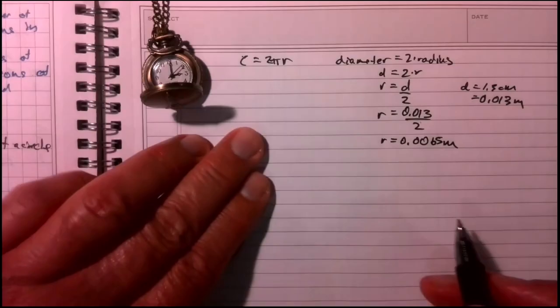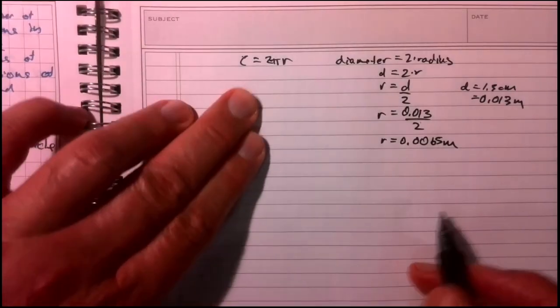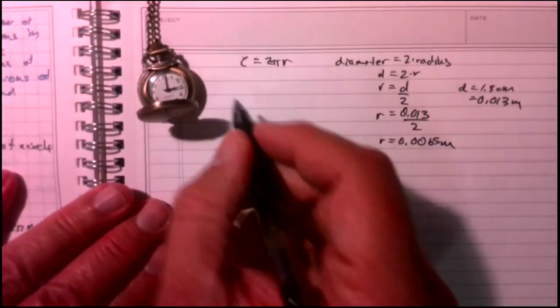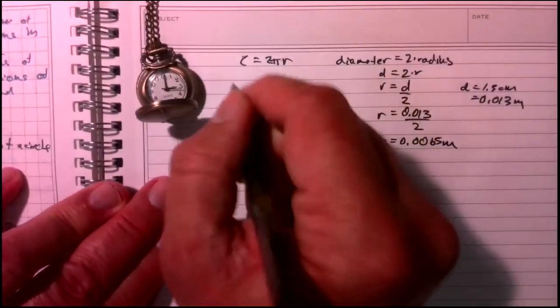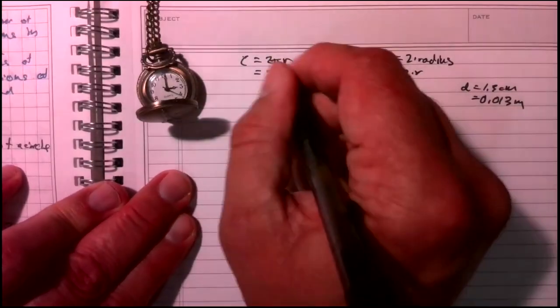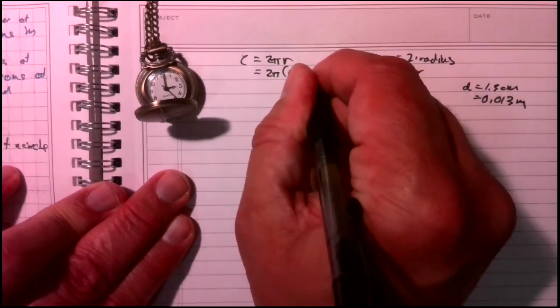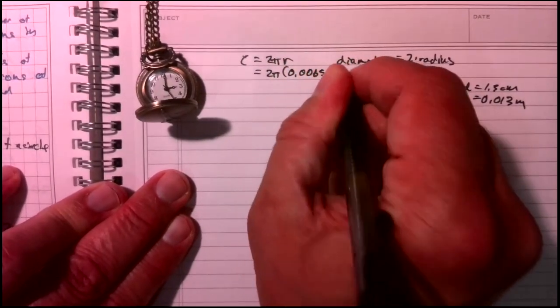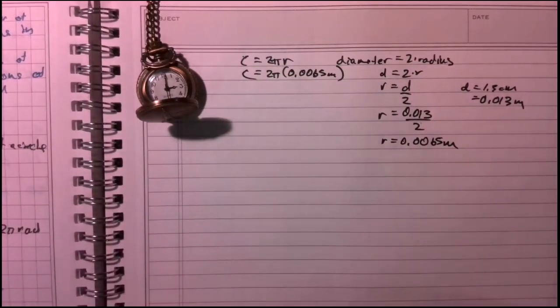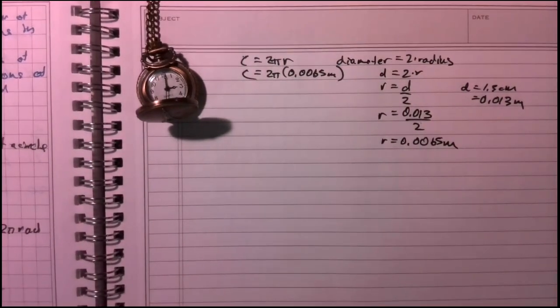Okay, so then I'm going to calculate the circumference. Here's my watch. The circumference of this thing is going to be 2 pi times 0.0065 meters. That's going to be my circumference. Go back to MATLAB here.